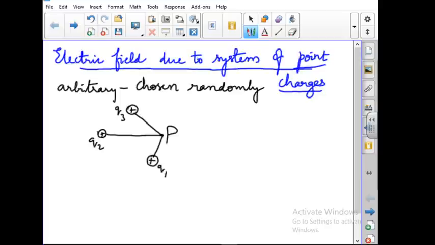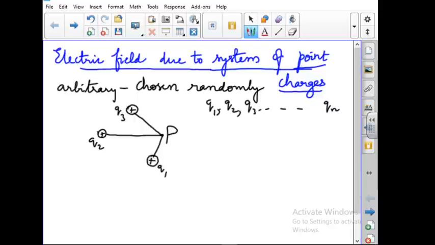So if you consider a system of charges, that is Q1, Q2, Q3, etc. to Qn, in a system of charges, that is so many number of charges or infinite number of charges are spread in a system.